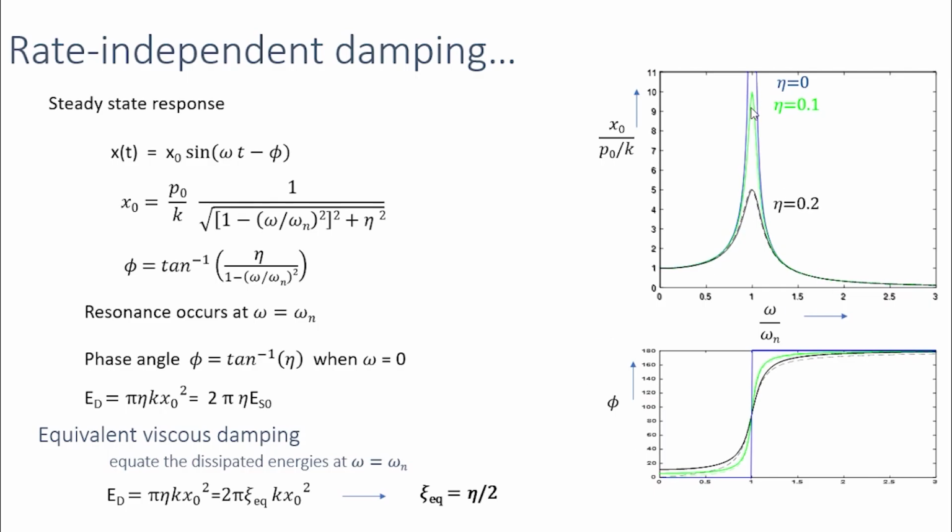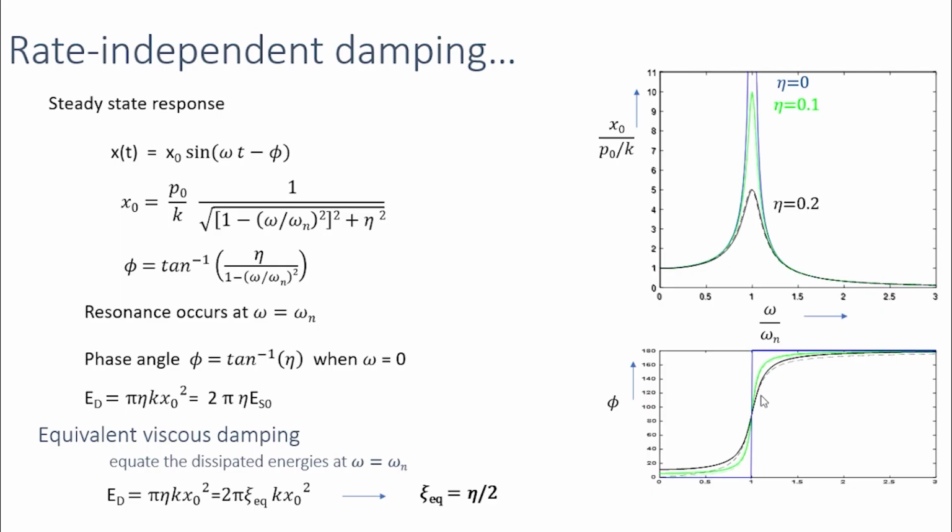As you can see here, both the curves are very close. That means the approximation in using this equivalent viscous damping is very accurate. In this figure, the dotted line represents the response due to the equivalent viscous damping at a frequency which is slightly lower than the natural frequency.